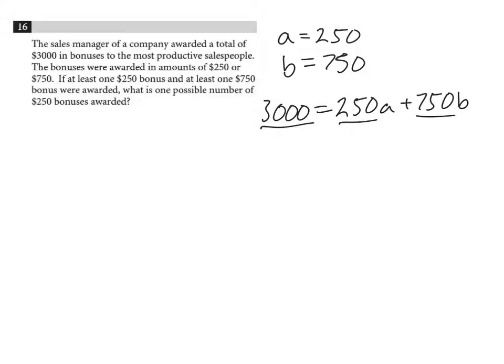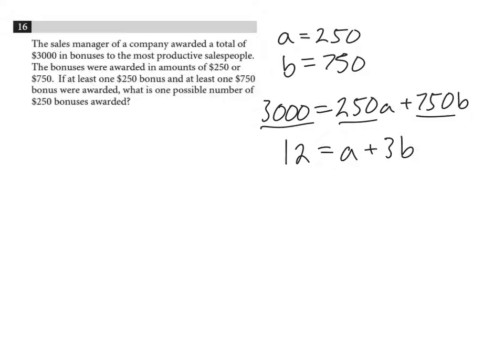So we can say 250 into 3,000, well, that's going to be 250 goes into 1,000 4 times, so it must go into 3,000 12 times. Okay, and of course we're just going to have A, and then over here we're going to have 3B.